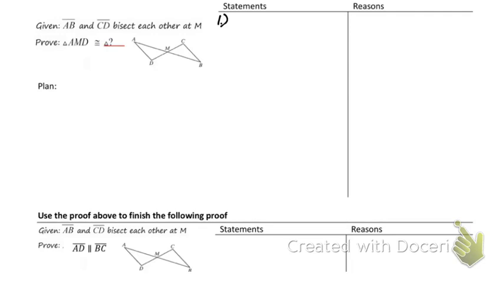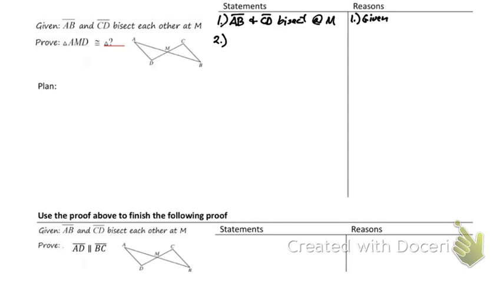My given is AB and CD bisect each other at M. And that was my given. Now, before I do anything else, I explain why that's important. That's important because if M is the midpoint of both of those lines, that makes AM congruent to MB, and it makes DM congruent to MC.